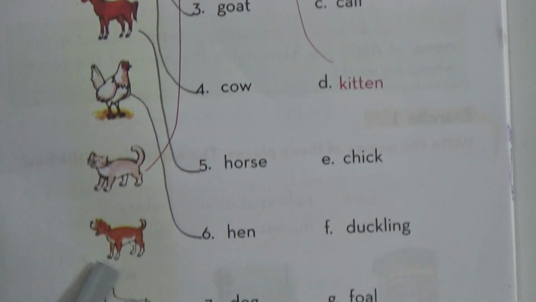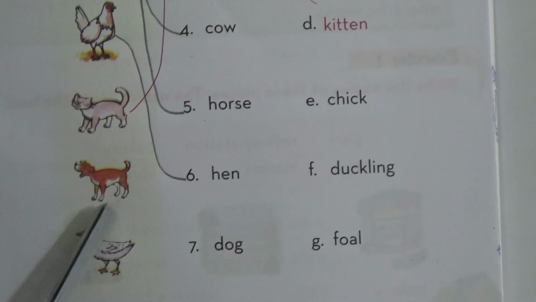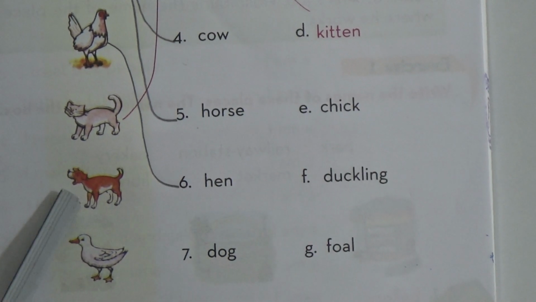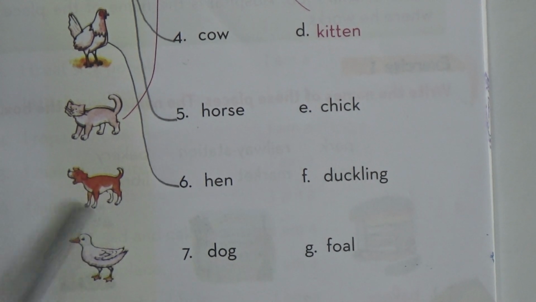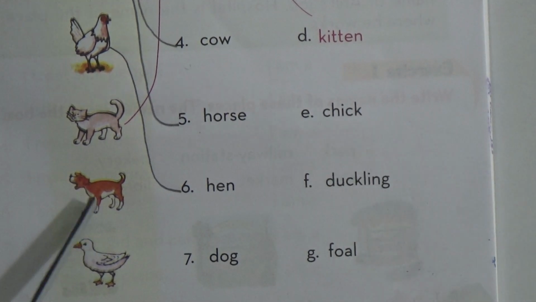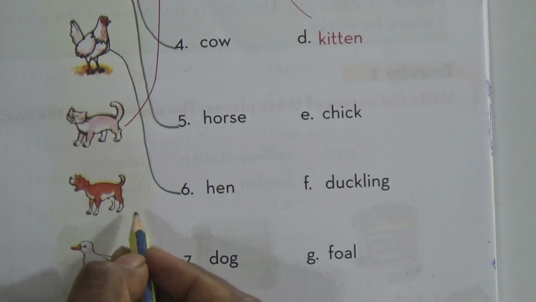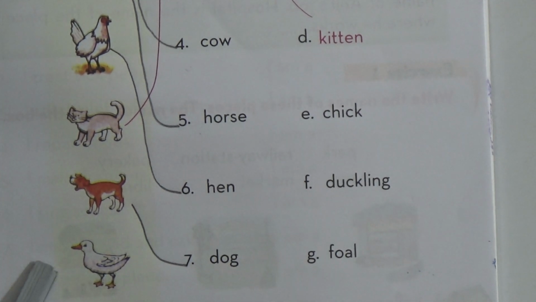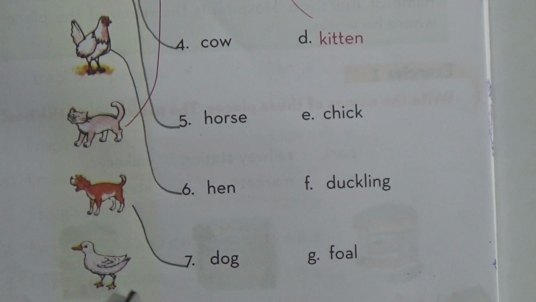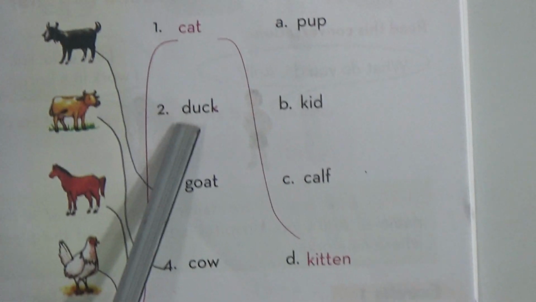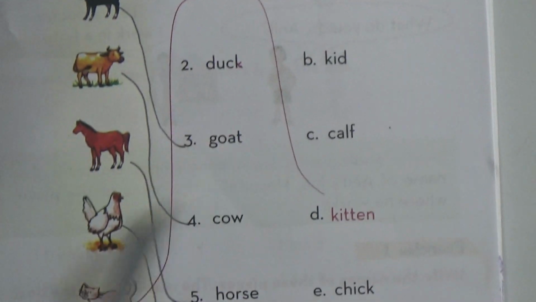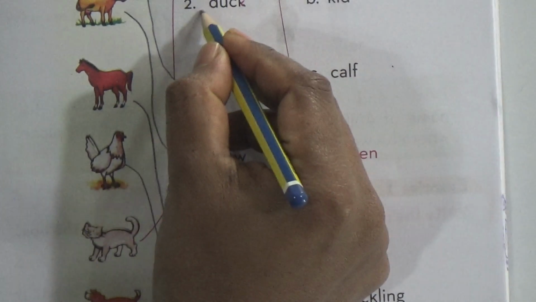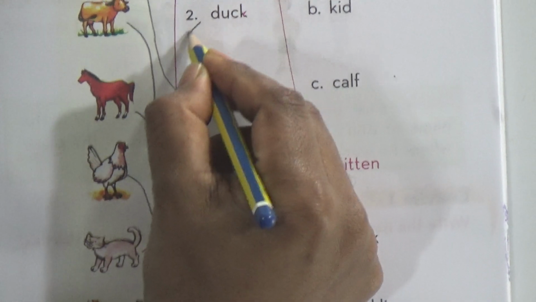And then what is this? You know it, you may see it on the roads, and sometimes someone uses it as a pet. This is dog. Dog is in number 7. And the last one, which one is it? It is duck, and you get duck here. Okay. So you will match it with that duck like this.